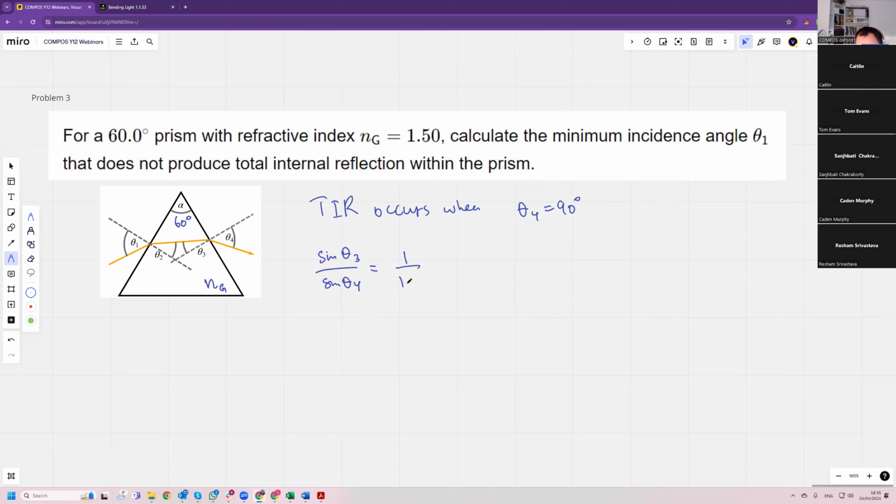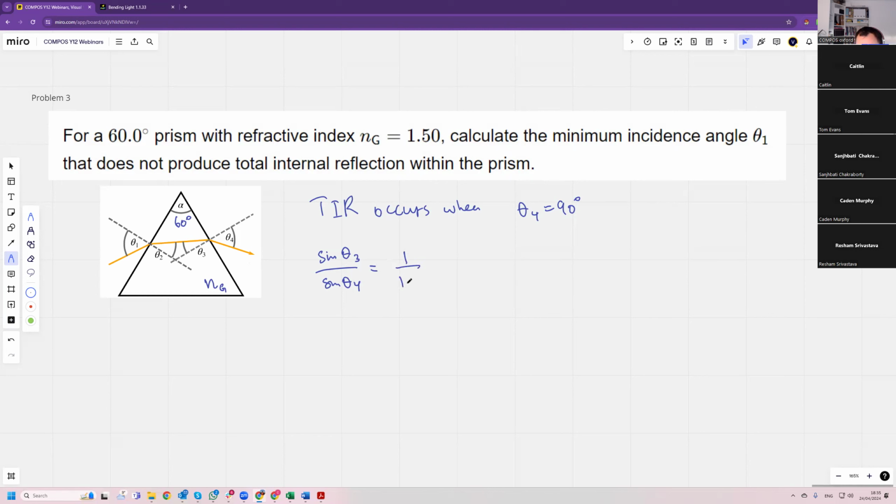So sine theta 3 is 1 divided by 1.5, which is 2/3. I don't really need to calculate theta 3 at this moment because I know the sine of the angle. Now I'm looking for theta 1. So effectively it says find theta 1 if theta 4 is 90 degrees. That's what I need.